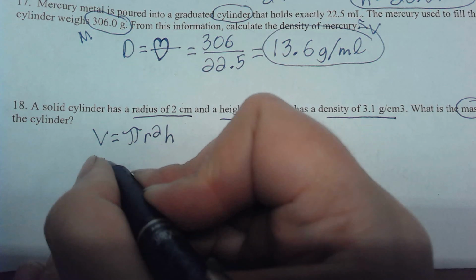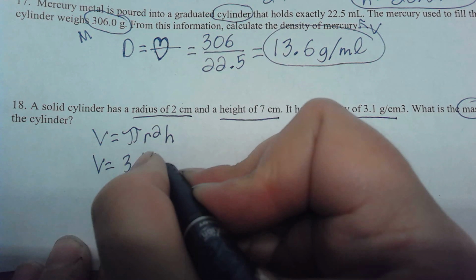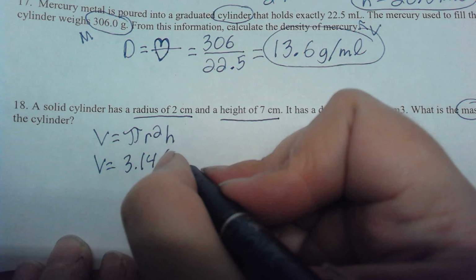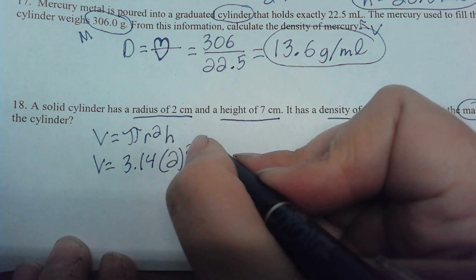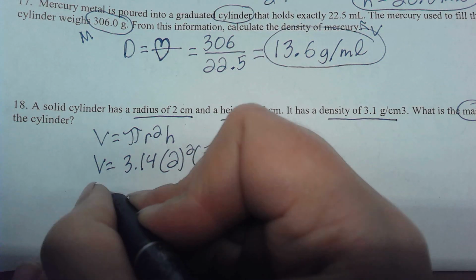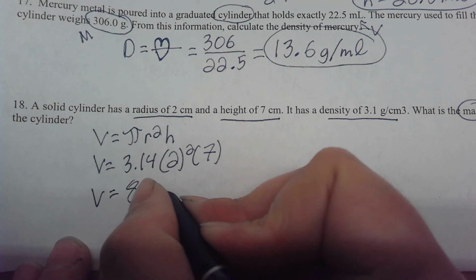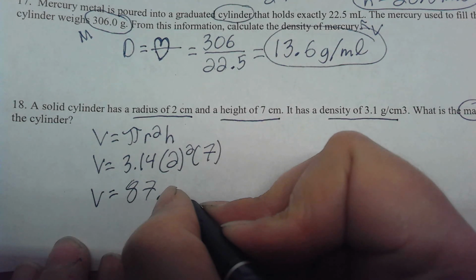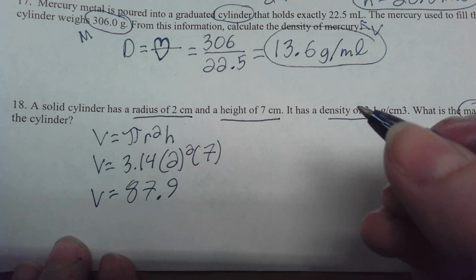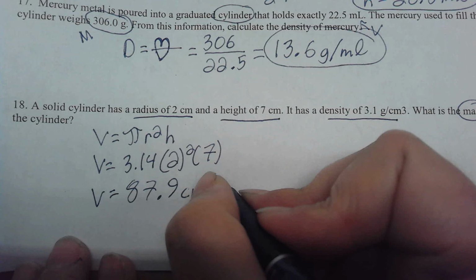So 3.14 times 2 squared times 7. Make sure, everybody, that you do the squared. Okay, and so we get 87.92. So I'm going to round that to 87.9. Okay, so that's the volume.